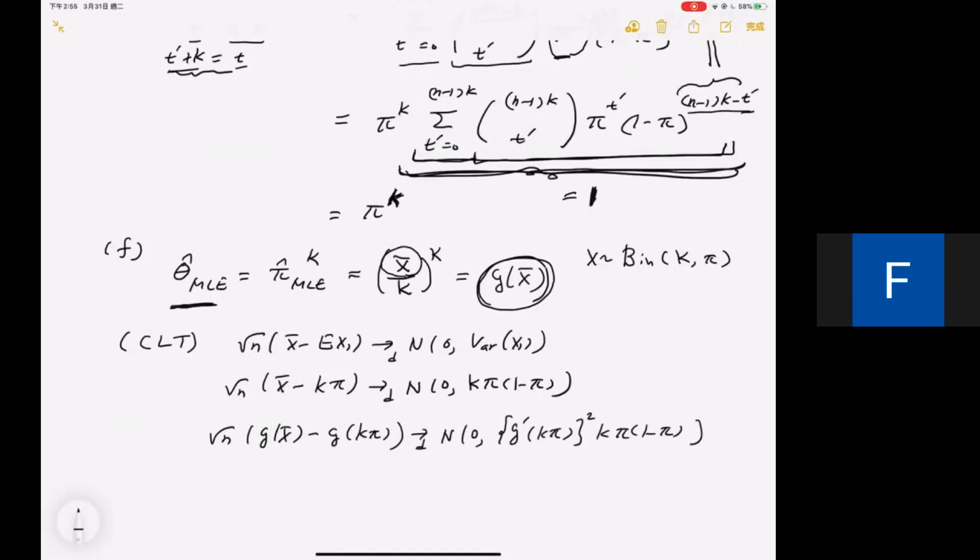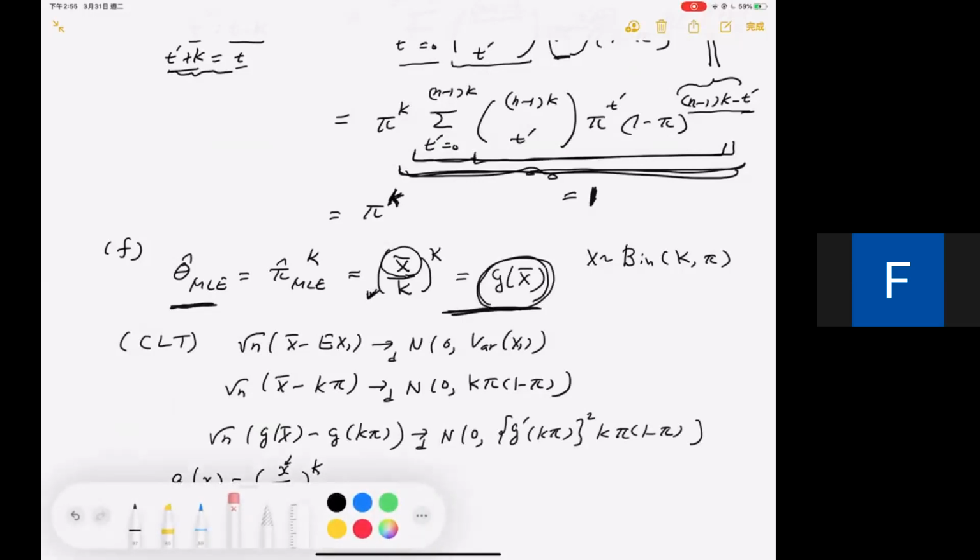Of course, what is the g function? The g function is nothing but x divided by k with power k. You see that? Plug x bar here, it becomes this. That's the g function.